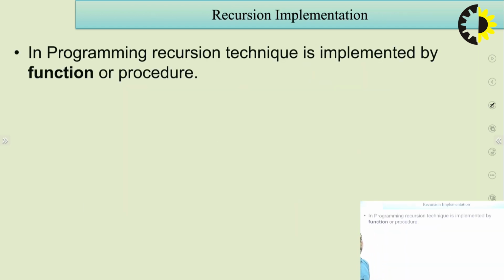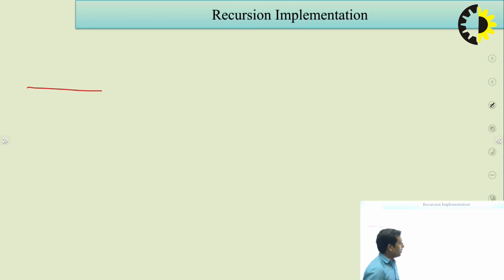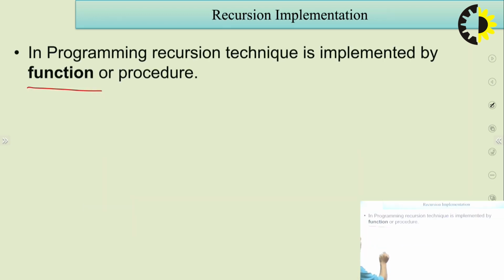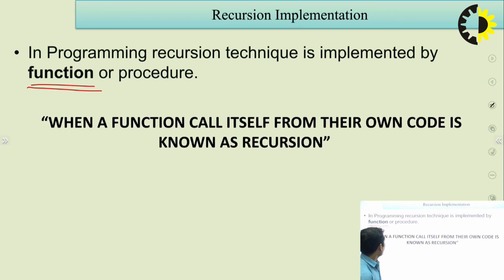Now, recursion implementation. In programming, the recursion technique is simply implemented by a function or procedure. So, how do we implement this recursive concept with the help of a function?